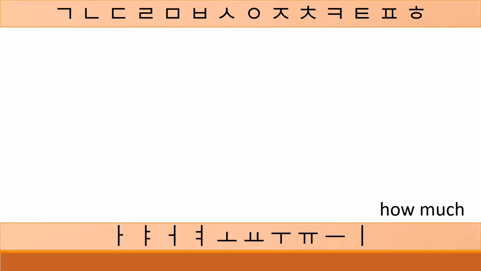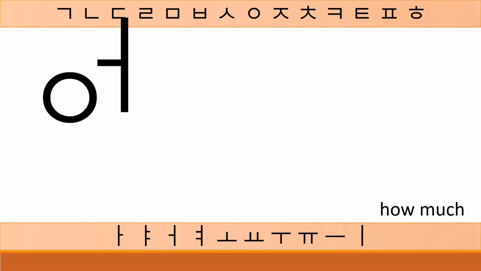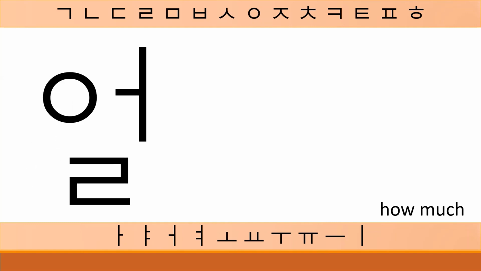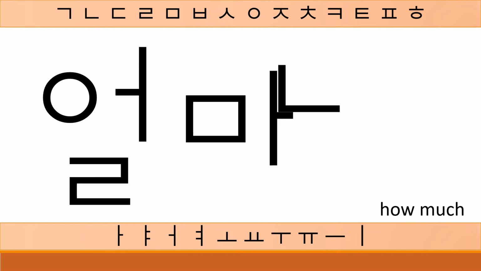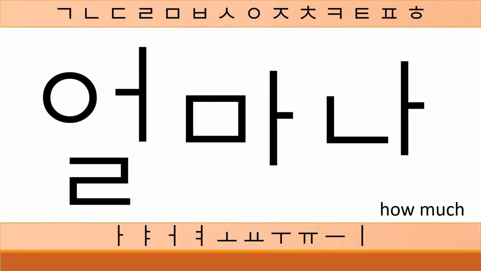Okay. 얼마나. 자, here comes the answer. Again, vowel sound beginning. So you must start with the zero consonant and o and l underneath. 얼, 마, 므 plus 아, and 나, 느 plus 아. 얼마나.